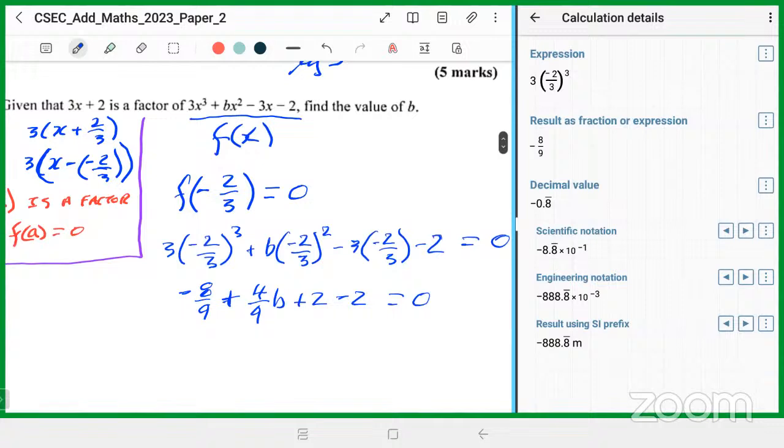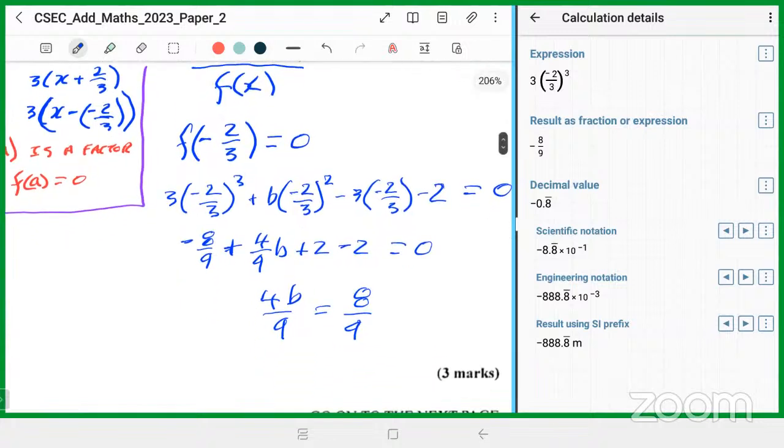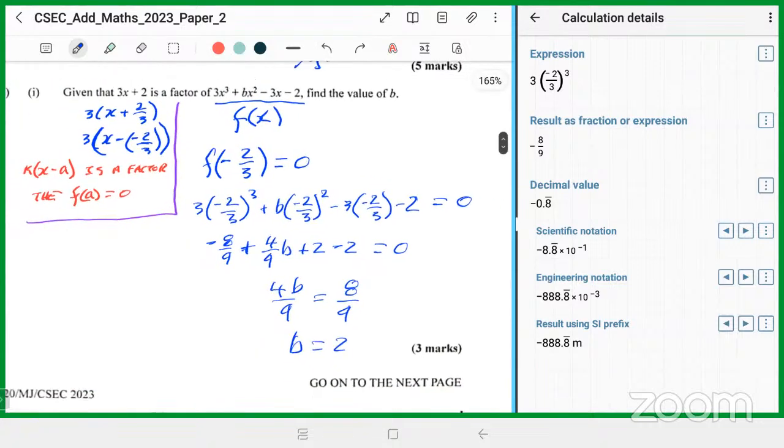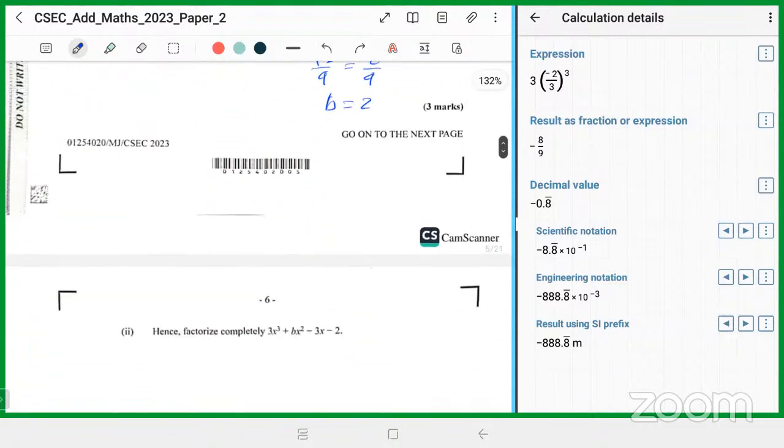Solving for b, this is eliminated, so it transposes to that side. 4b over 9 equals 8 over 9. These cancel. If 4b is 8, b equals 2. Nice answer.